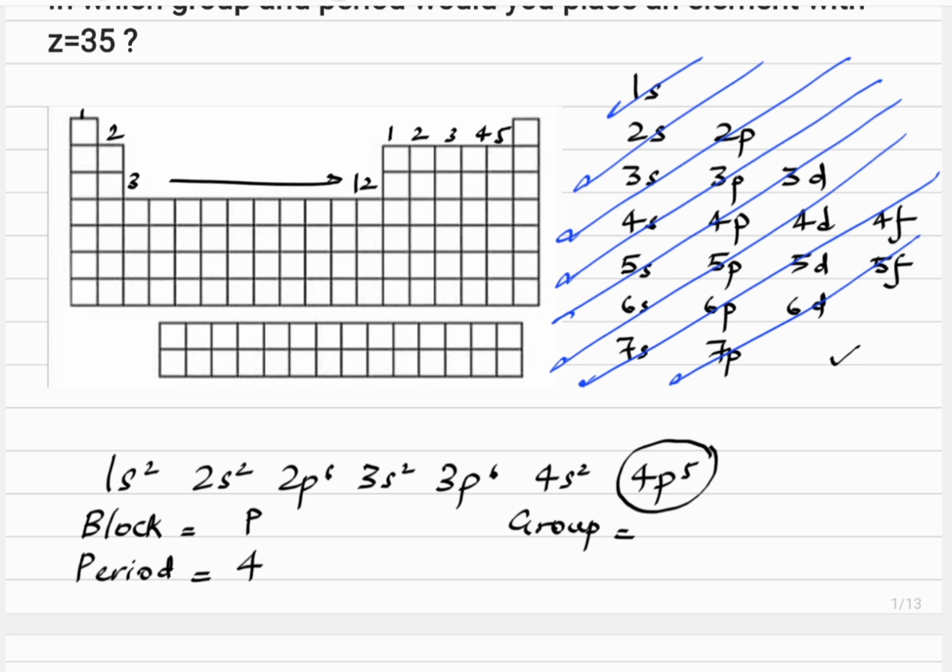So the final group number would be 12 groups before the p block starts, plus the 5th group of the p block, that is 17. This is how you find out the group number of any element if you can write the electronic configuration.